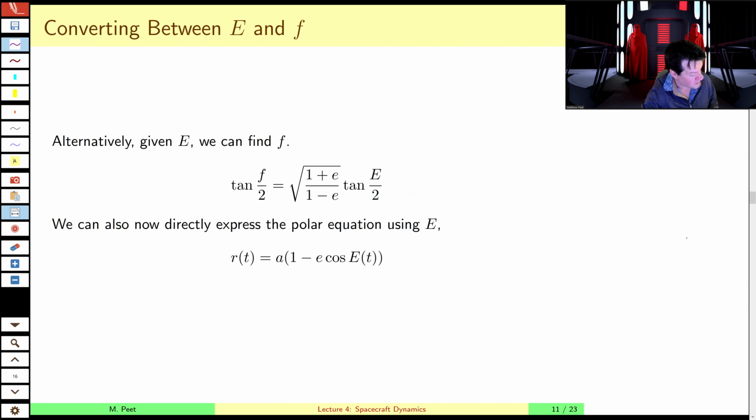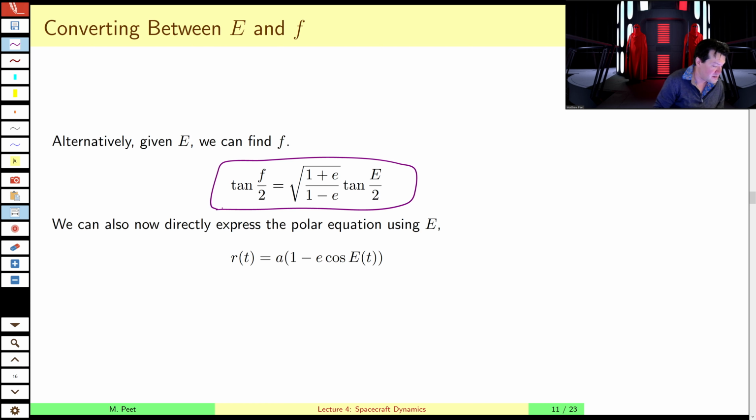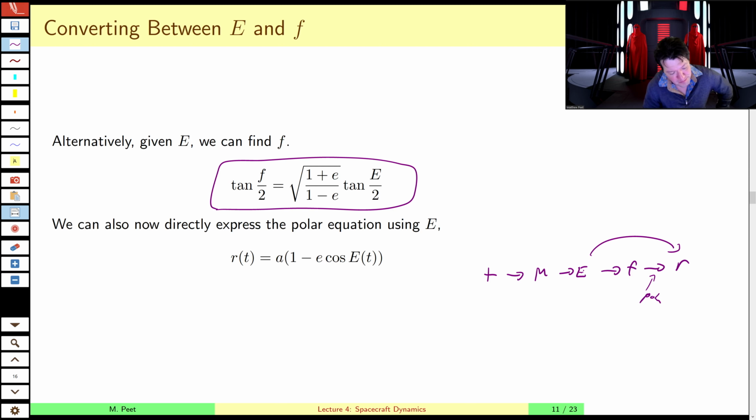A quick side note, although I don't want to dwell on it because it's rarely used. There is a way of bypassing F entirely and putting the whole thing in terms of eccentric anomaly. Remember, we got T to M to E to F, and then to R through the polar equation. We can actually skip F entirely and write the polar equation directly in terms of E, although we don't usually use that because E is not a very important number.